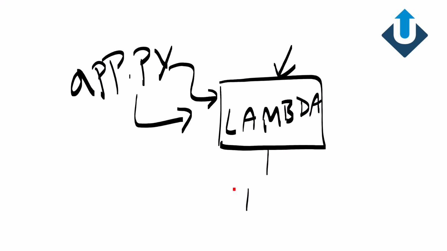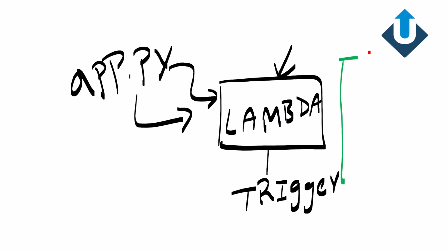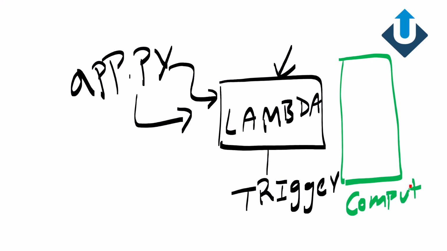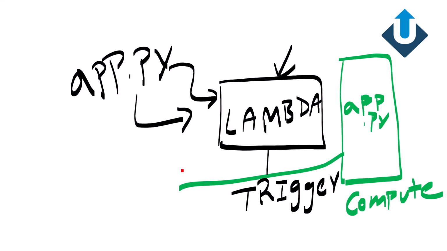So basically we can configure a trigger. Whenever we configure a trigger, AWS will assign a compute, and this compute will run your code file. Now it will give the output.